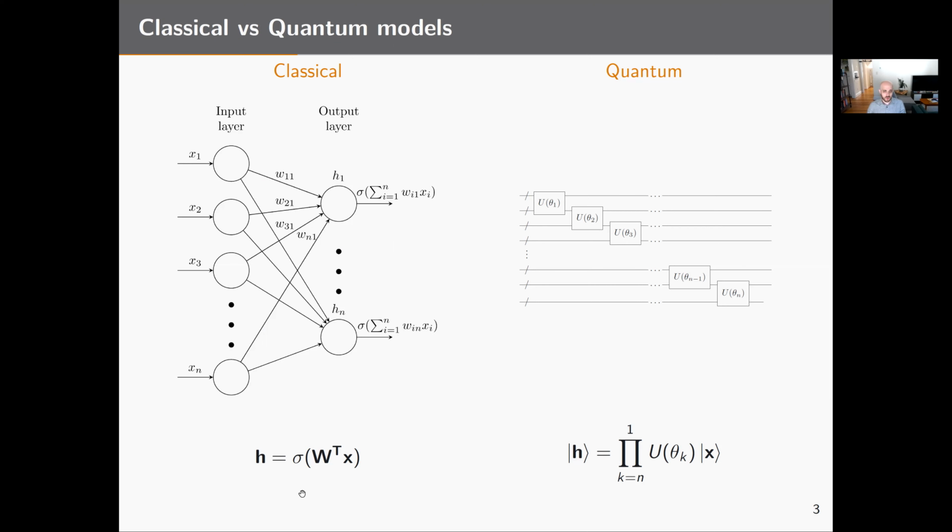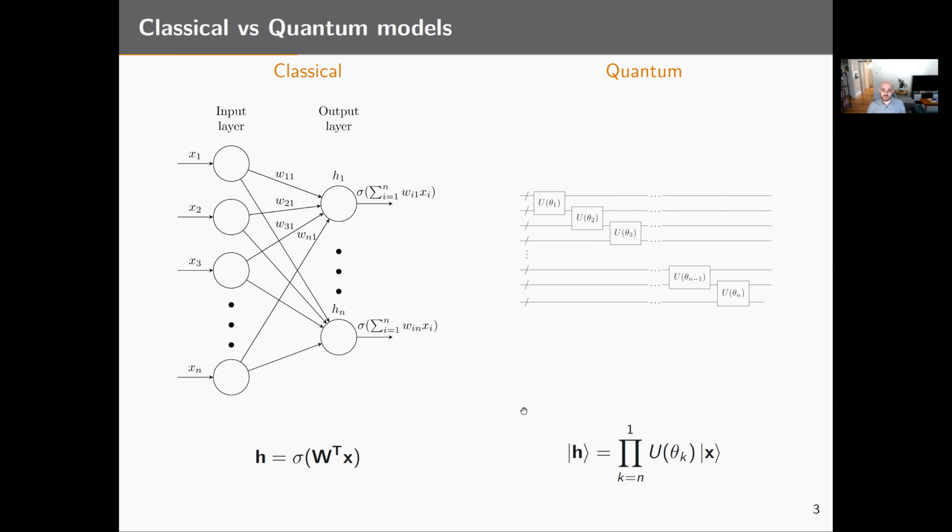More succinctly, we can represent this here at the bottom, where we have our input x, the vector x1 to xn, multiplied by a weight matrix, which corresponds to these W11, W21, and then an element-wise action on each one of the elements by some sort of nonlinear activation. And this is the basis of a classical neural network.